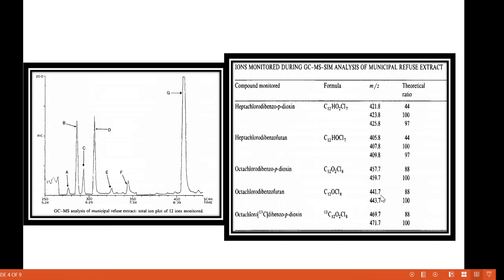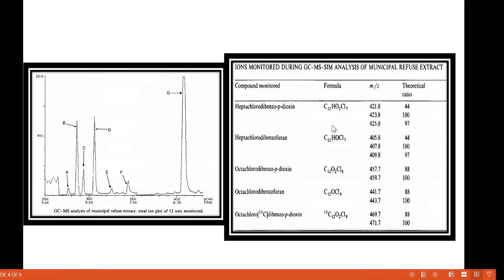Out of these, 7 peaks were detected, which are labeled in this figure. Two of the compounds to be quantified were isomers of formula C12H2Cl7O2, so the molecular weight of this compound is 422.